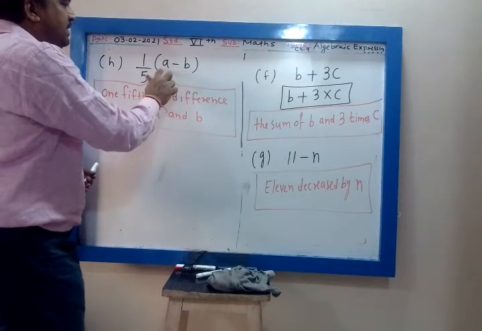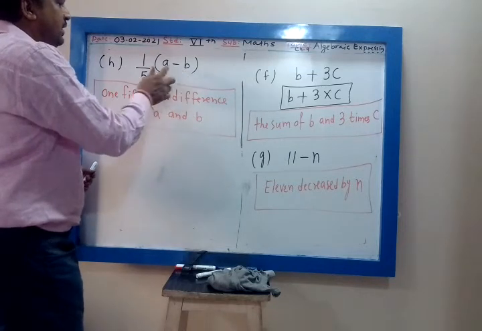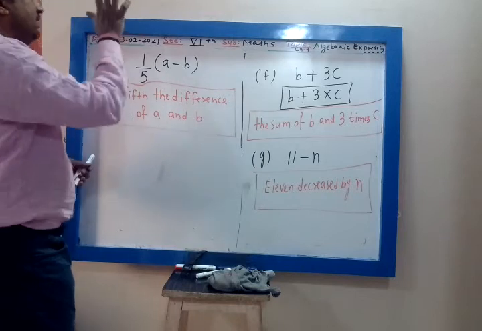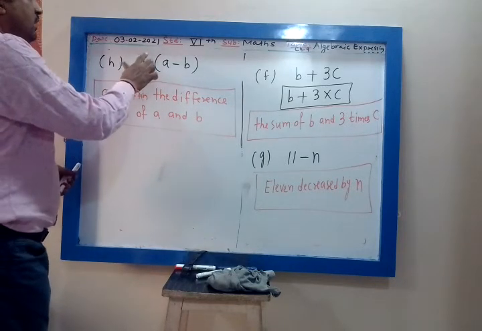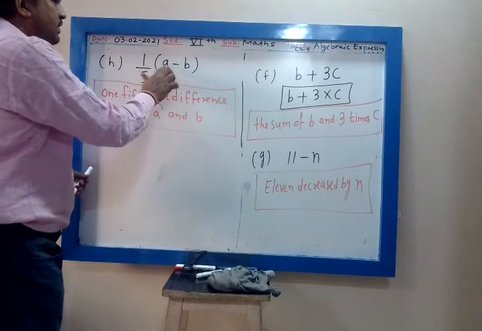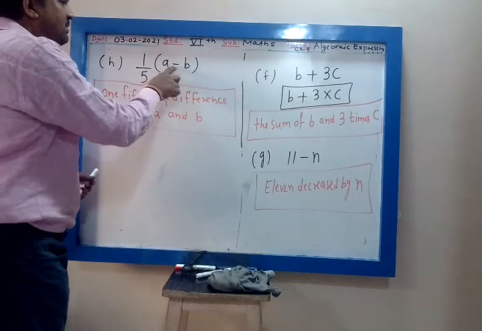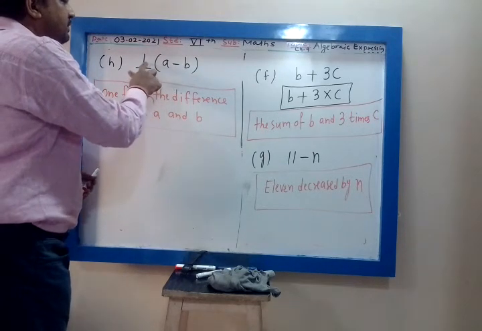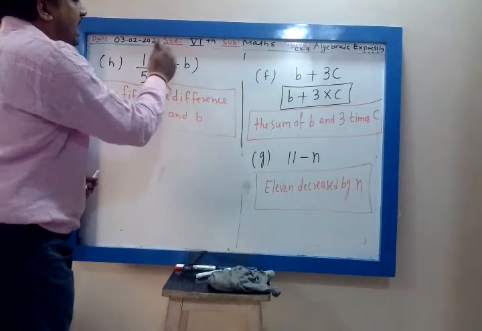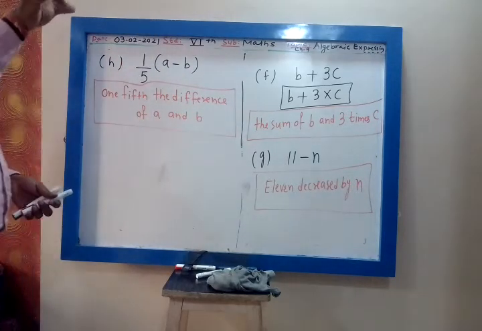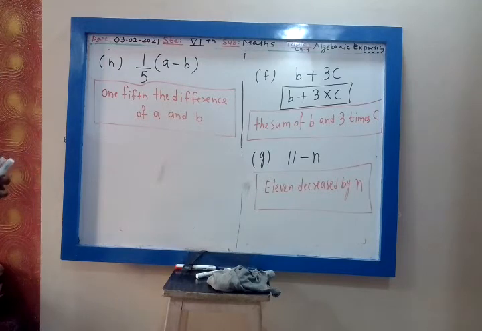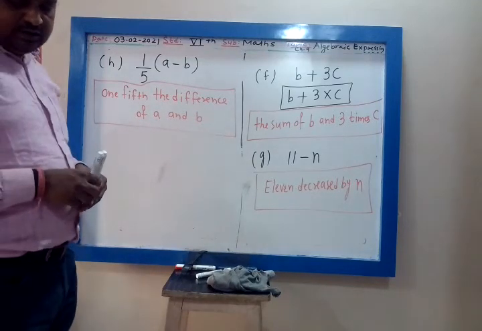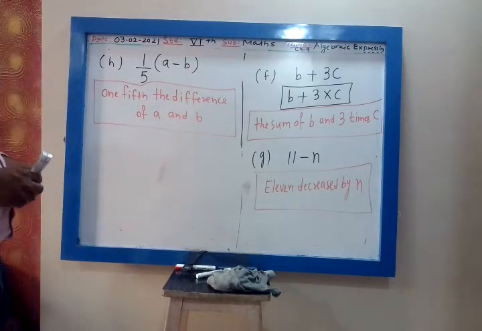A minus b means the difference of a and b, and 1/5 of that. So 1/5 the difference of a and b. We say difference because it is a minus sign.